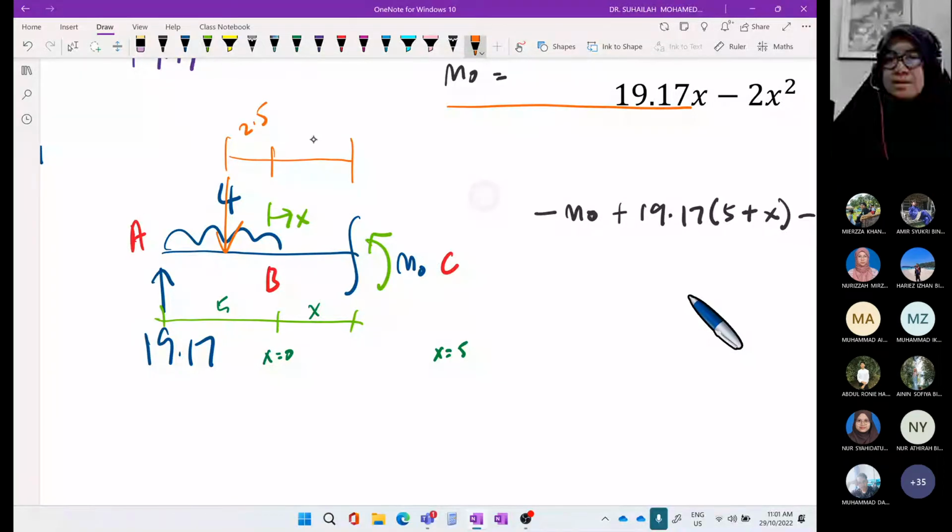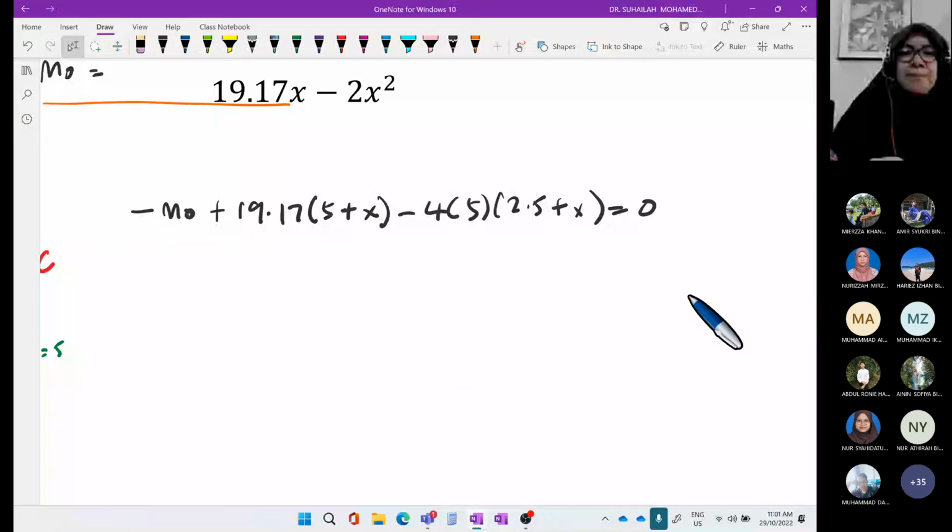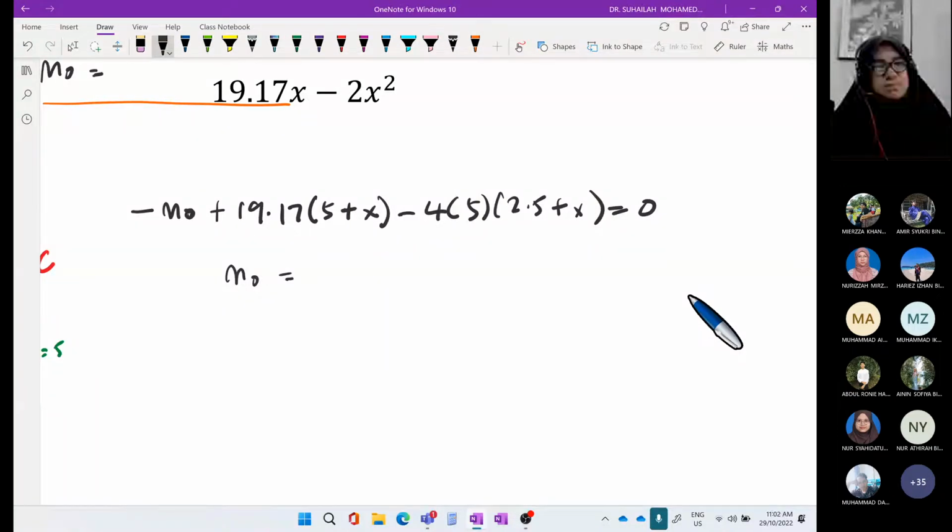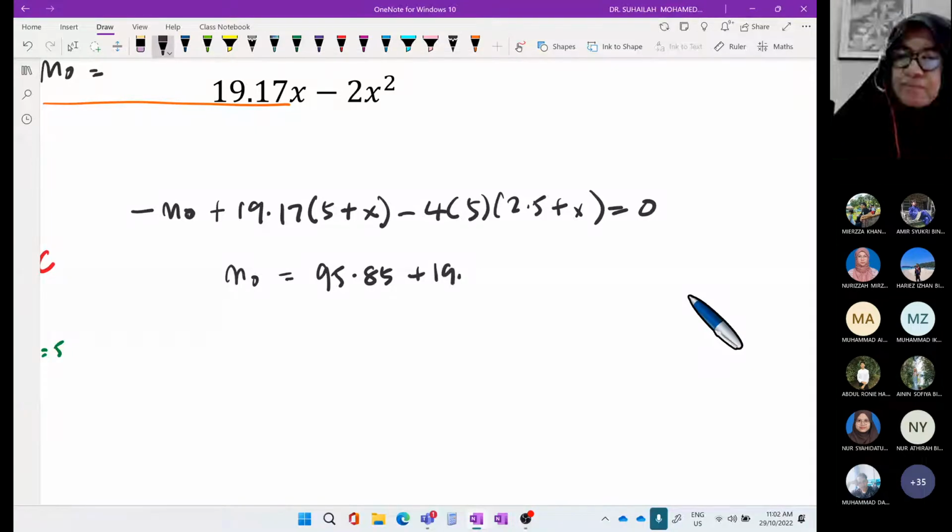So we get M naught equal to 19.17 times 5, which gives 95.85, plus 19.17x, minus 4 times 5, 20, times 2.5, which is 50, minus 20x.